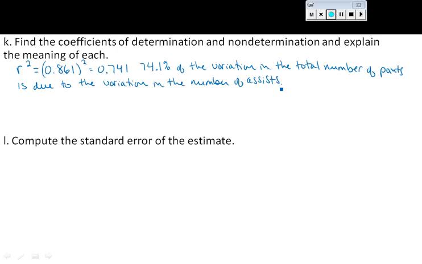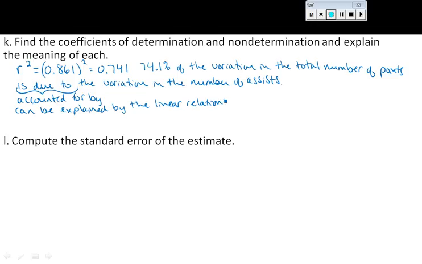How else you could phrase that, instead of saying is due to, you could say accounted for by the variation in whatever our independent variable was. You could also say can be explained by the linear relationship between assists and total points.